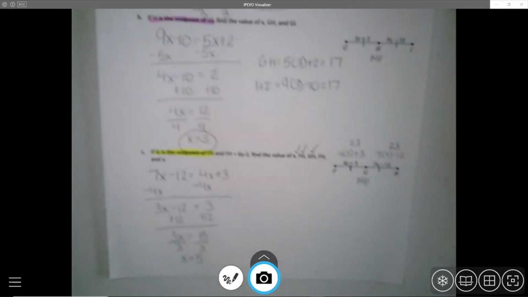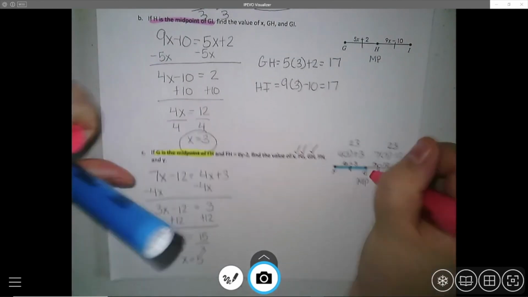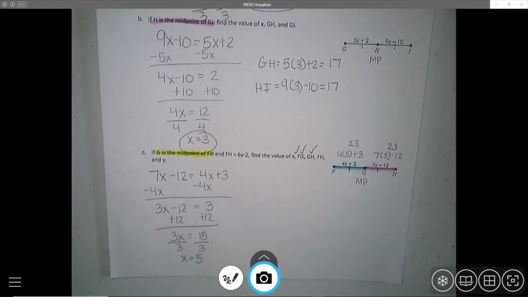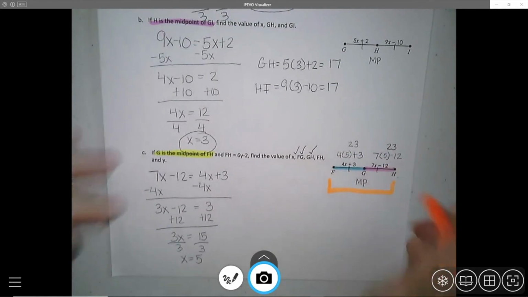FG and GH, I found that. Now, they also want me to find FH. Part plus part equals whole. FG is a part. GH is a part. My whole thing is this FH.